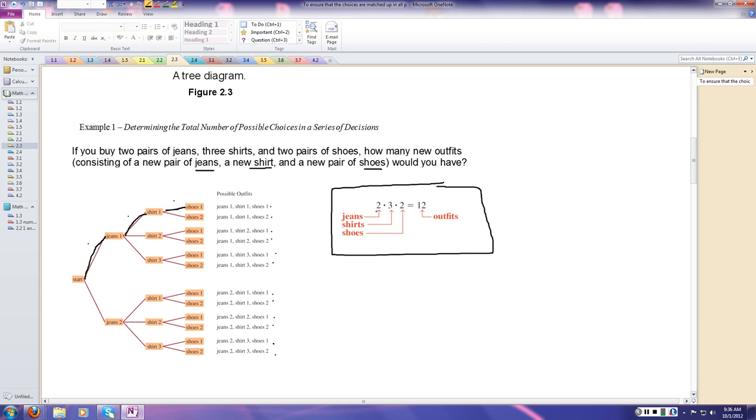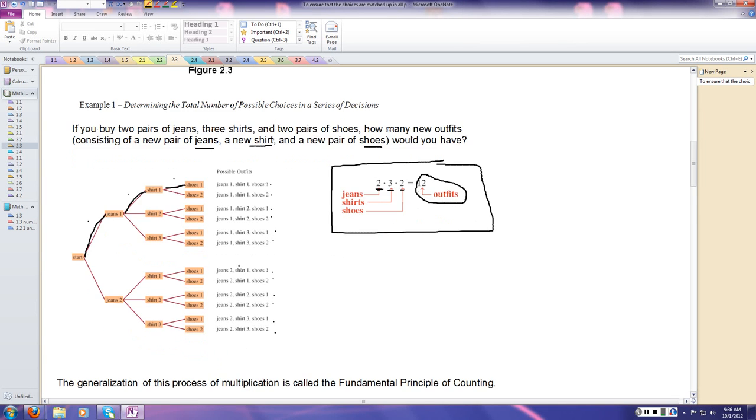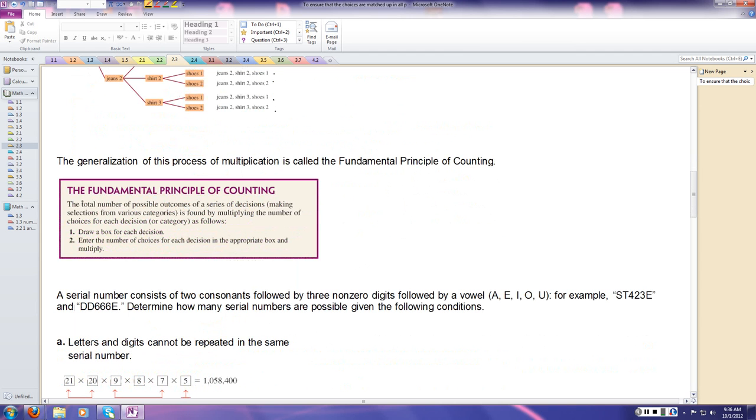I could get that by multiplying the number of jeans I have by the number of shirts I have by the number of shoes I have to get 12 total outfits. So in this section, if they say draw a tree diagram, you don't necessarily have to do that. You can use the fundamental counting principle, which leads us to the fundamental principle of counting.